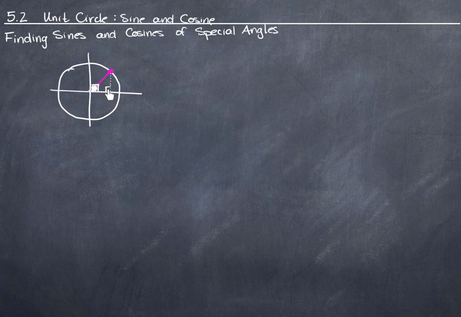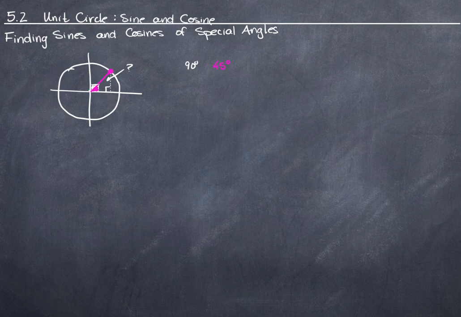And since all of the angles in a triangle have to add up to 180, if I don't know what this one is, but I know that one of them is 90 degrees, and this one right here is half of that, 45 degrees, right?